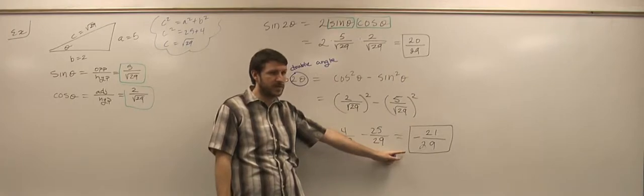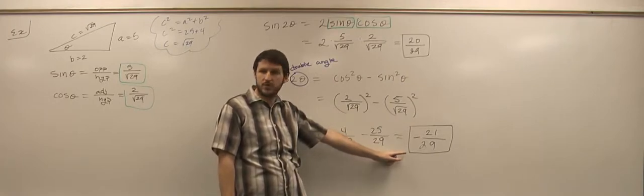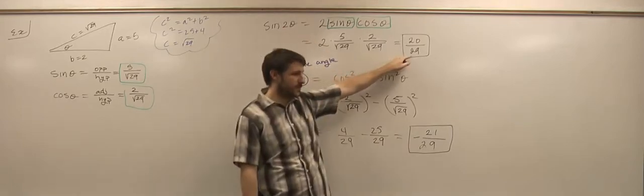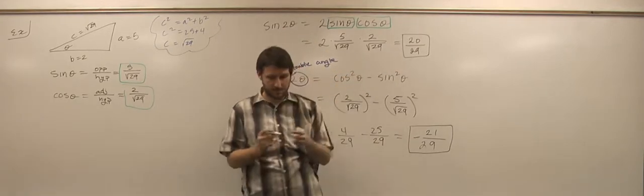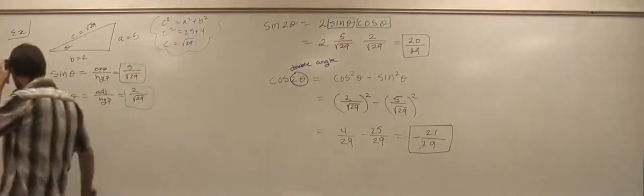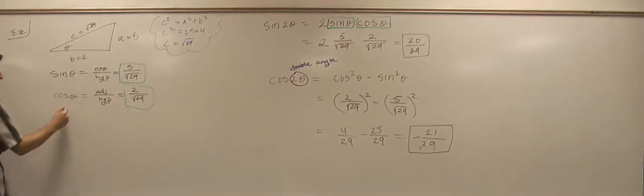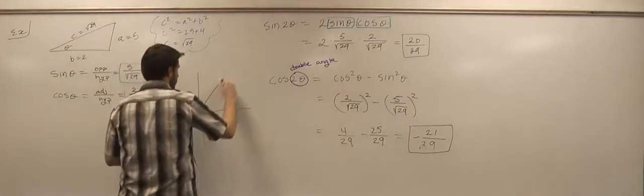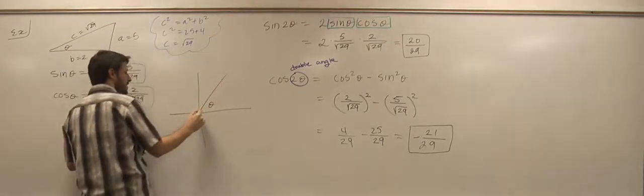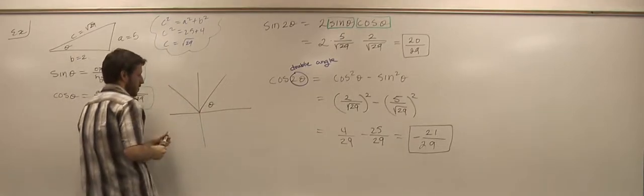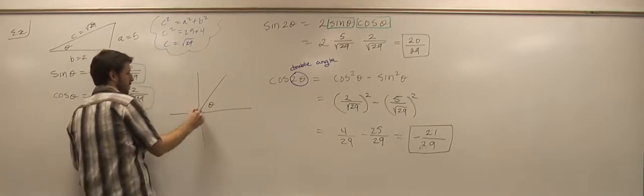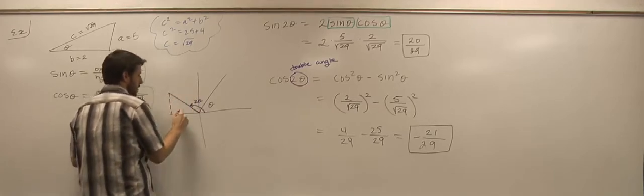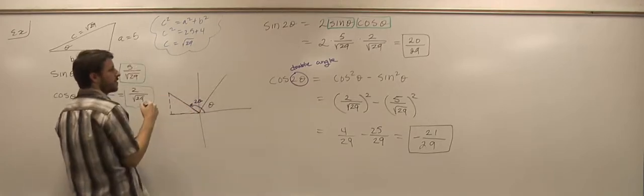Which quadrant is cosine negative in? 2 and 3. But sine stays positive. Which quadrant is sine positive in? 1 and 2. So when I double this angle, whatever it is, I don't know what it is, but when I double it, here's theta, 2 theta must end up over here. 2 theta must end up somewhere in the second quadrant because it has cosine negative, right?